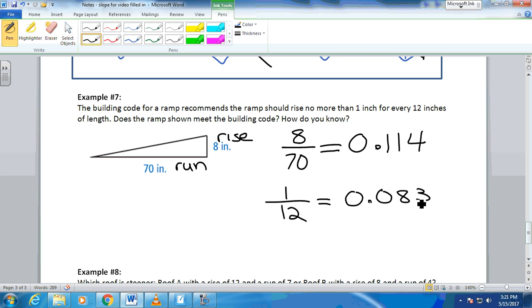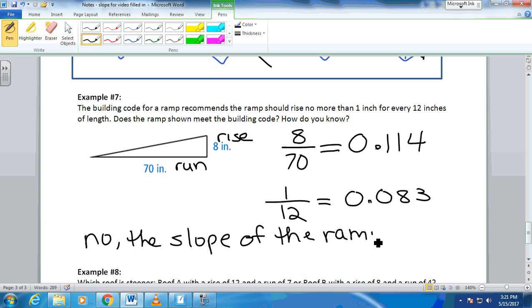So because the slope that we have for the ramp is greater than what is recommended, the ramp does not meet building code. This is the ramp. Is greater than the building code.